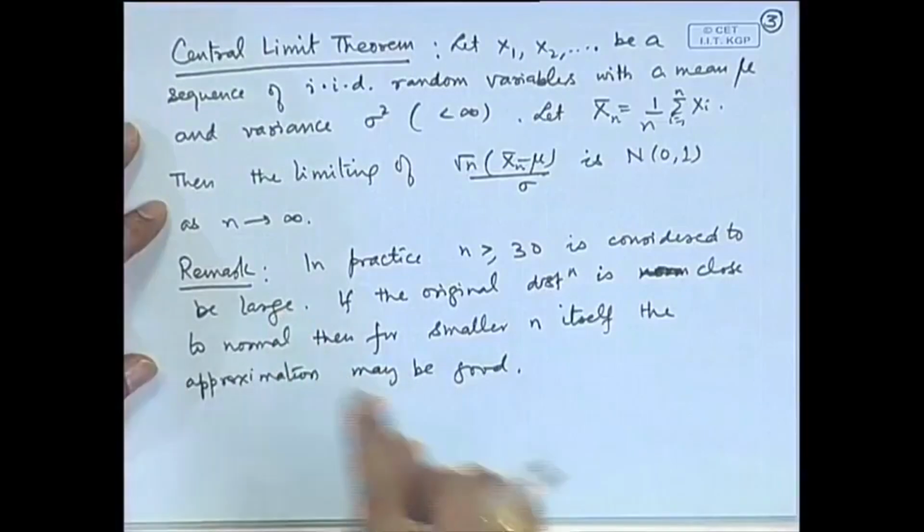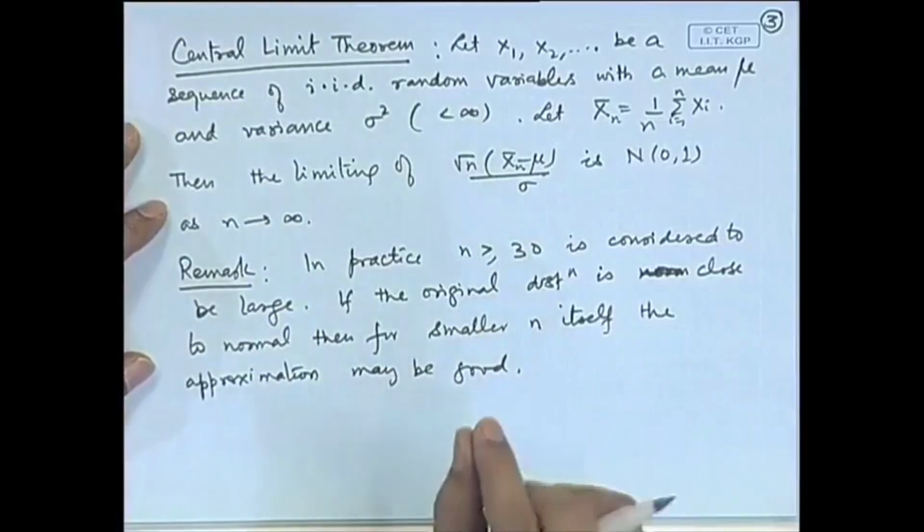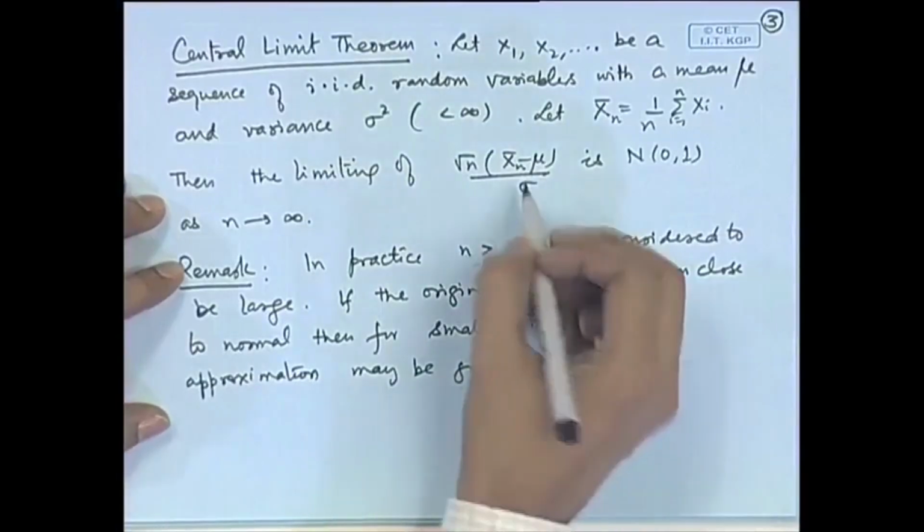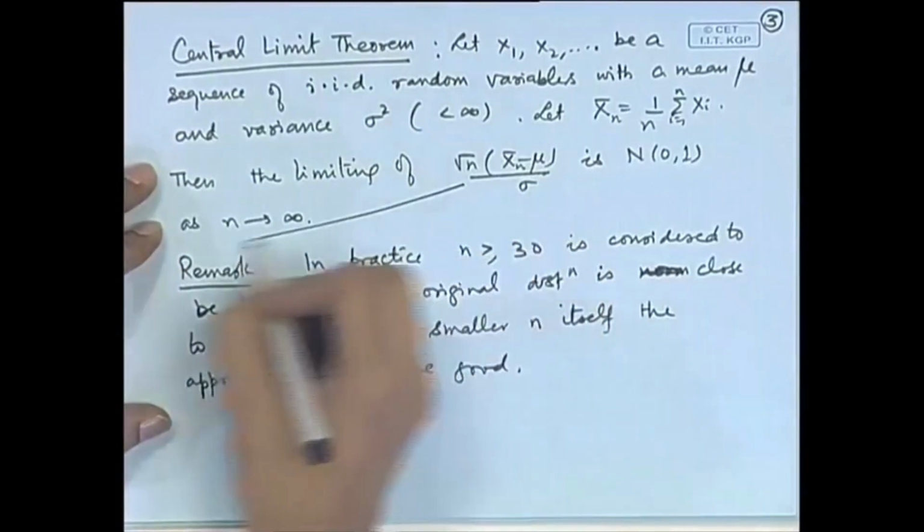One more point: earlier we have seen that the binomial distribution was approximated by the normal, or the Poisson distribution was approximated by the normal. That is actually a special case of the central limit theorem, because a binomial random variable is the sum of successes in individual trials. So, if we take x 1, x 2, ..., x n, it becomes the distribution of the sample sum. You can write an equivalent form also.